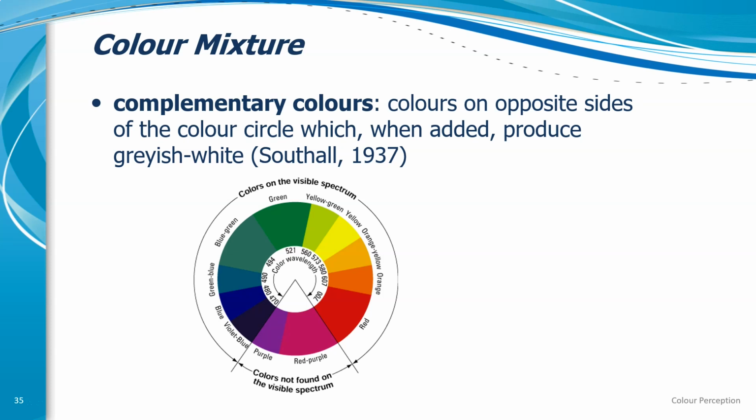It's not that you can't see anything. There is still some light present, but all the color is gone. It's achromatic. It's kind of a grayish white color. And it doesn't matter what pairs of colors you mix. You can mix together green and red-purple, produces grayish white. Or blue and orange-yellow, it produces the same grayish white.